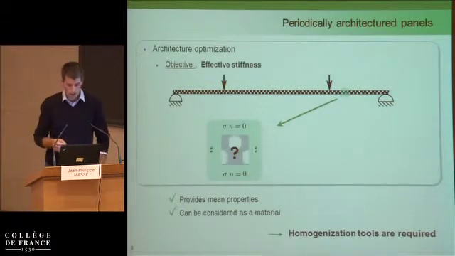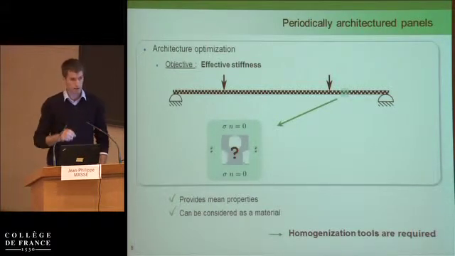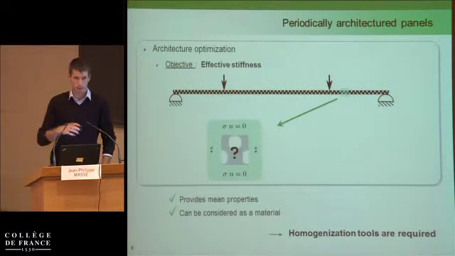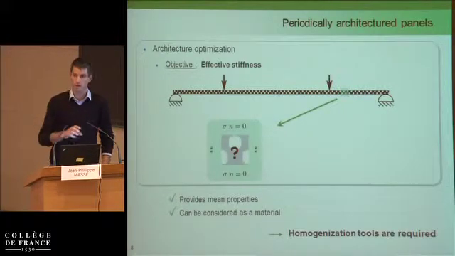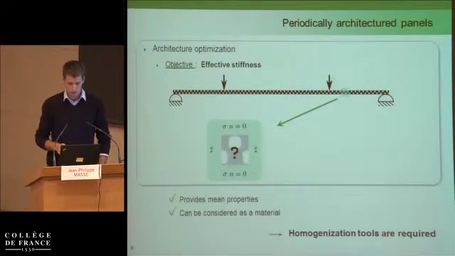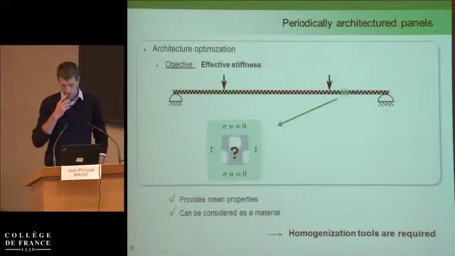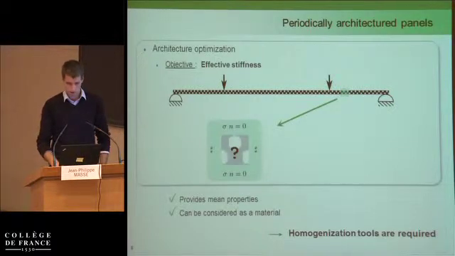And so the question is how to distribute the matter in this unit cell to provide the best compromise, here only talking about mechanical properties, between bending, flexion, and shear. And so here we see that the first tool we need is homogenization, to be able to compute on a unit cell the flexion and shear stiffness.